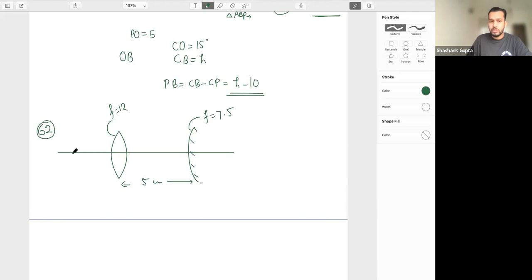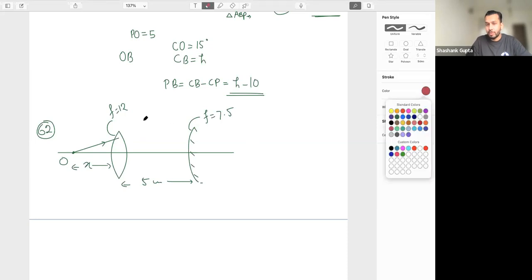So what you have to do is, if finally the ray after crossing the lens is falling perpendicularly on the mirror. Because this is a diverging mirror, its center of curvature will be somewhere here.